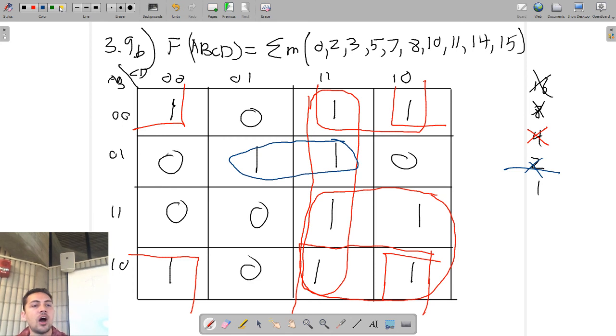Let's just star the cells that don't have more than one prime implicant circling it. This is a great candidate. That's a great candidate. This is a great candidate. That cell is covered by two things, two things, two things, two things. Ooh, this one is only covered by one thing. This is covered by 3 and 3. So I've starred 4 cells.